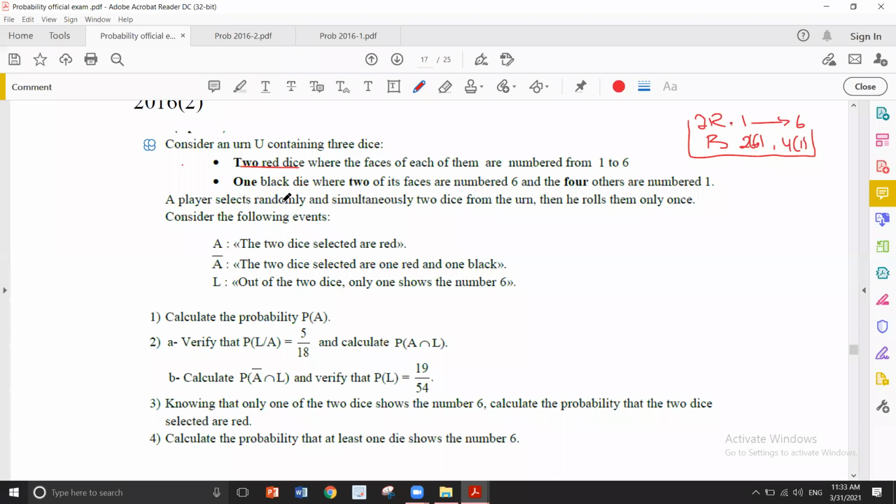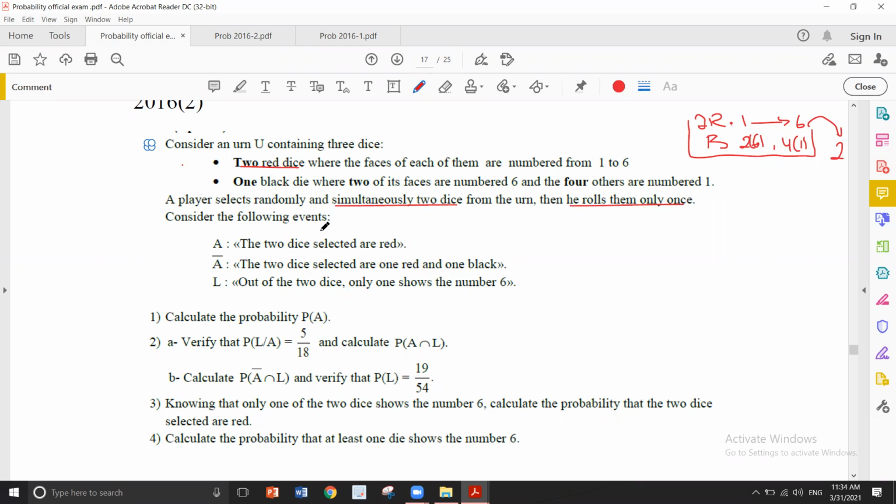A player selects randomly and simultaneously two dice. Selecting two dice from this urn, then he rolls them only once.